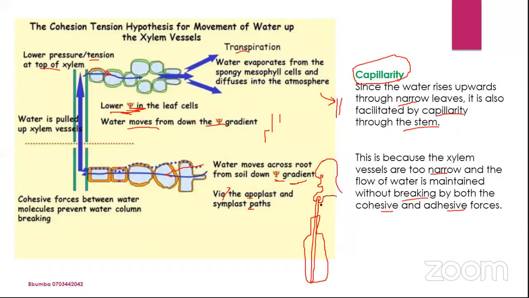So why are the straws made narrow? It is to increase capillarity. Capillarity is a force that aids movement of fluids within a narrow tube. Imagine if the straw was so huge, how would you suck it up?